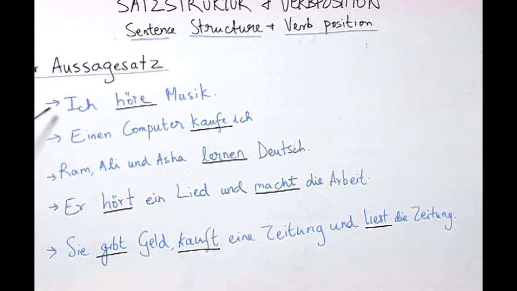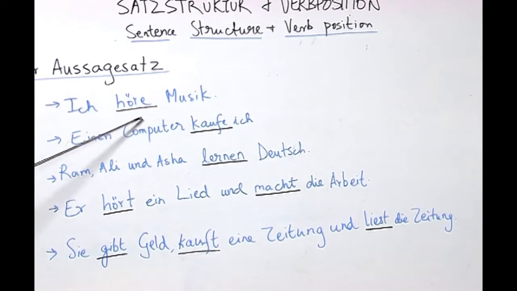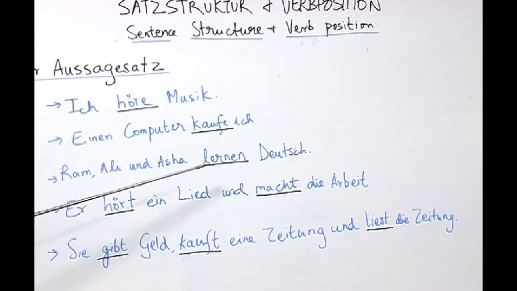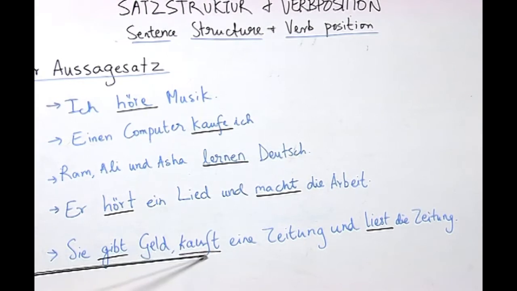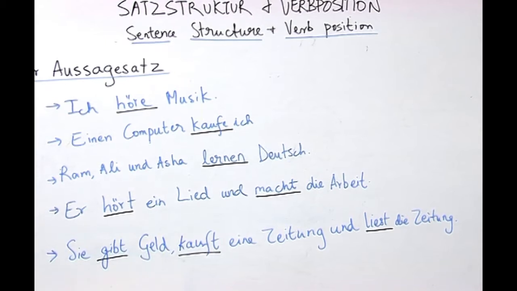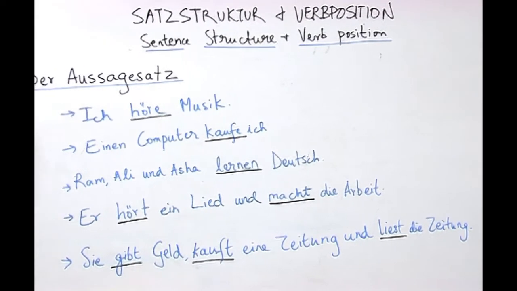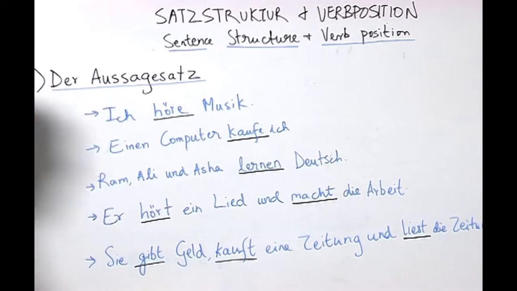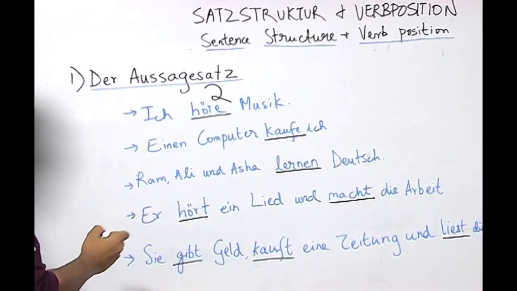So, you might be wondering that in German all the verbs keep changing the position from second to third, again to second, again to fourth and to seventh. Well, that is not the case. In German, all the verbs in statements are at position number 2.